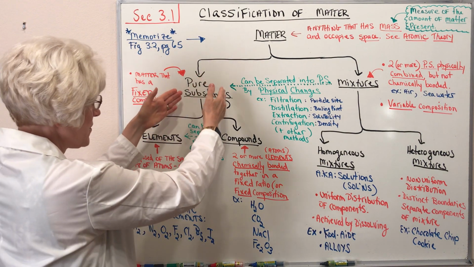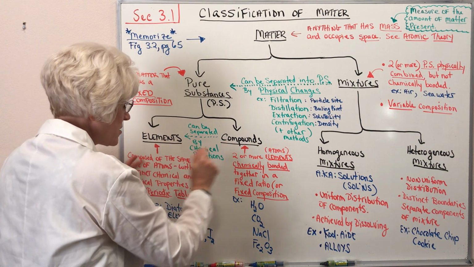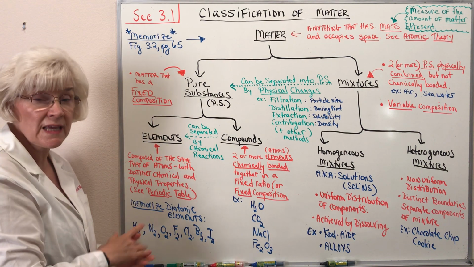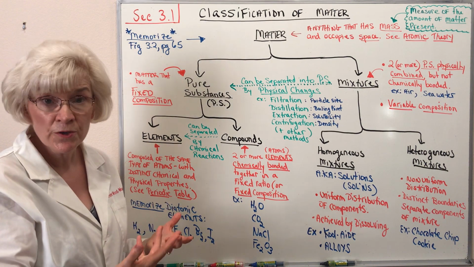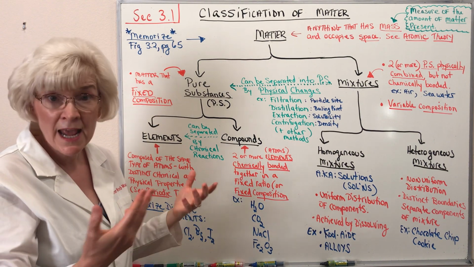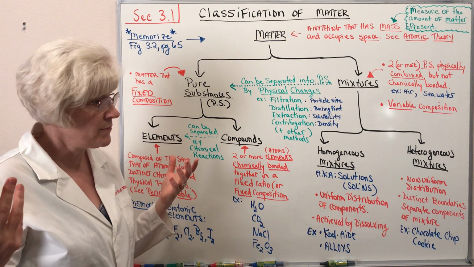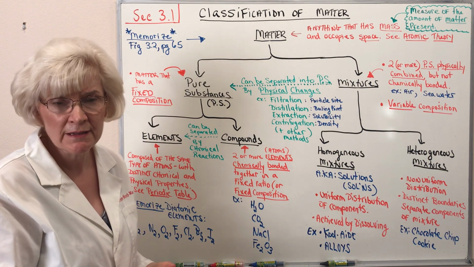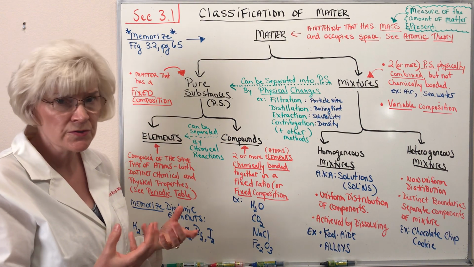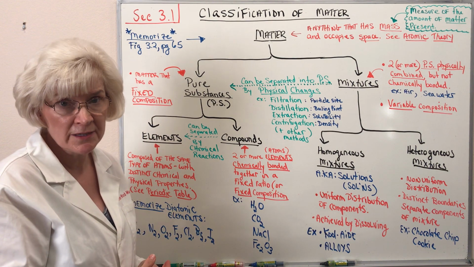And we see that pure substances can be further subdivided into two smaller subsets. The subset on the left is elements. And I know you have heard the term elements before. You should be able to name some very common elements that you've encountered prior to enrolling in a chemistry class, like oxygen, like nitrogen, like the metals gold and silver and copper, known as precious metals.